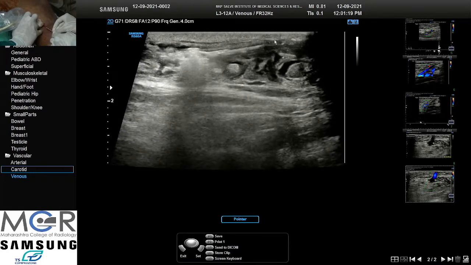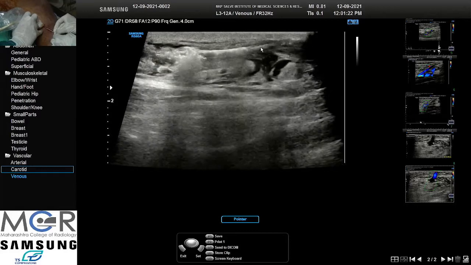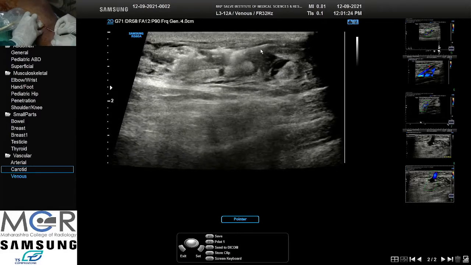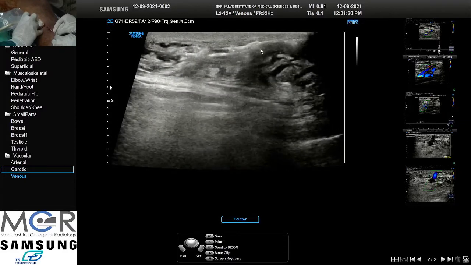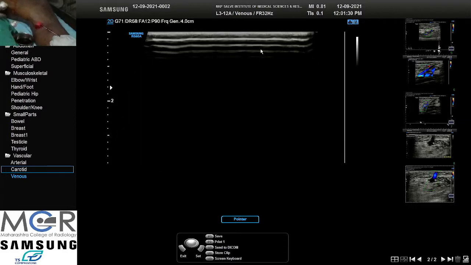Yes, that is the entry point. Otherwise, the patient will get skin burns. So just show the light again. We have stopped 1 or 2 centimeters probably from the skin entry point, so that we can check that the tip is always within the lumen of the SFP.